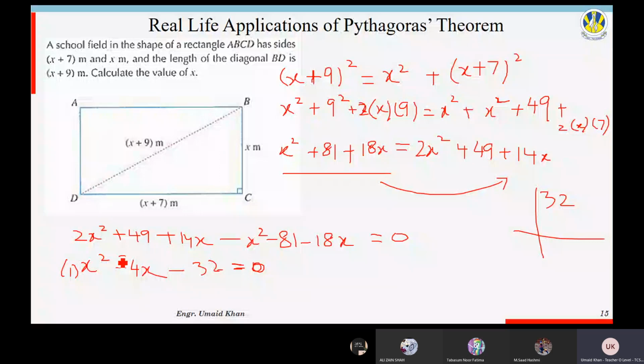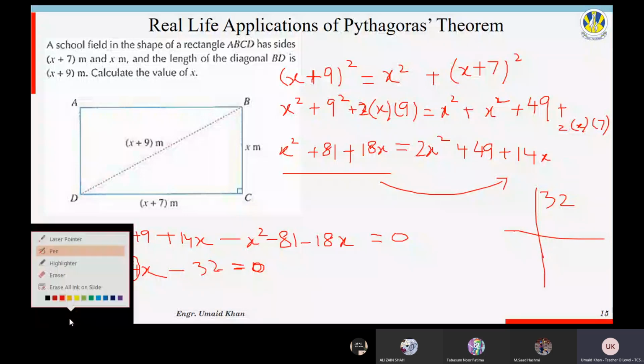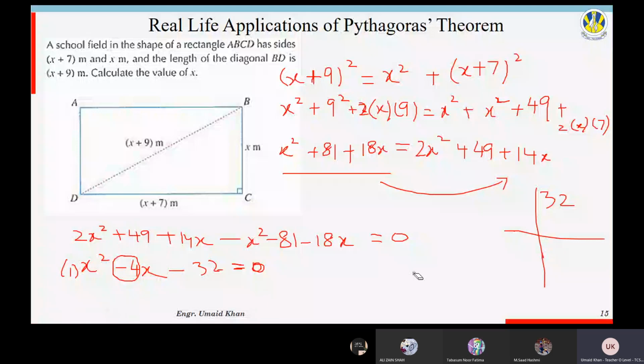So factorize this 32 first. Again, I will use prime factorization. I told you that prime factorization is a very important topic and it is applied again and again in almost every chapter. So factorize 32 into factors. 2 16s are 32.